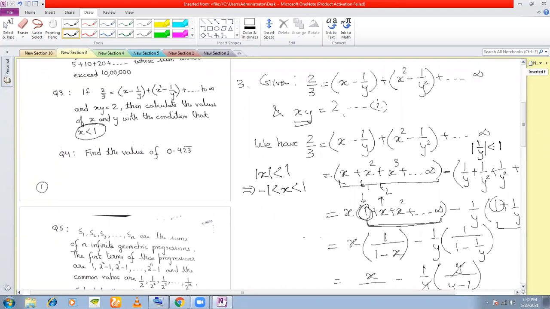And mod 1 by y less than 1 means 1 by y lies between minus 1 and plus 1. Okay. So that is, we can only sum up under this condition. Otherwise, we will not be able to sum up. See, that is why to be on the safe side, they have given with the condition that x is less than 1. Understood?